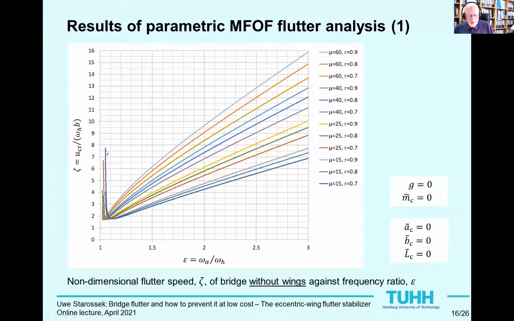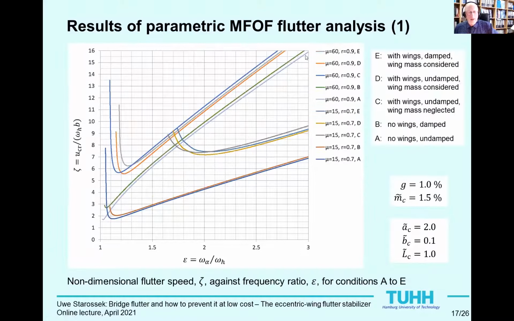We focus on two of these curves, namely the bottom one, established for mu equal 15 and r equal 0.7, and the top one for mu equals 60 and r equal 0.9. These two curves are reproduced on the next slide, which are this one and this one, together with other curves for other conditions.